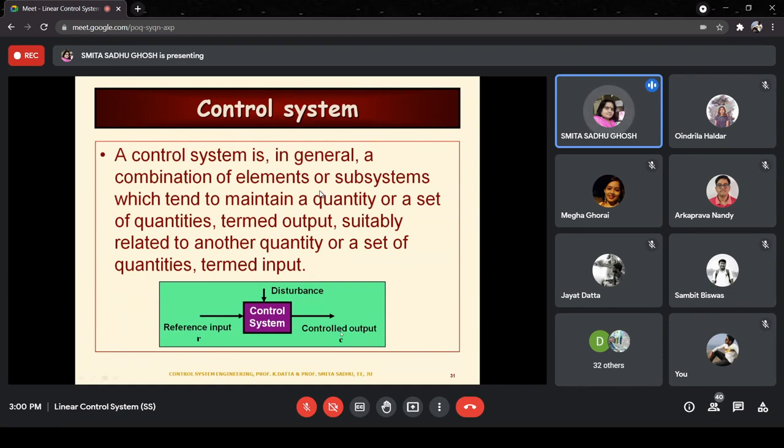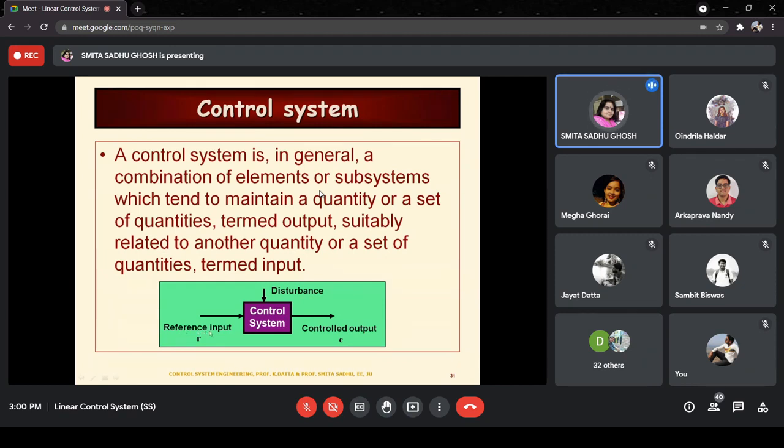Whatever you use, provided it is a standard one, there is no problem as far as I am concerned, and people would not be having problems, but you should be consistent in what you are doing. Nevertheless, the controlled output is denoted as C. The reference input is denoted as R. R means reference input.